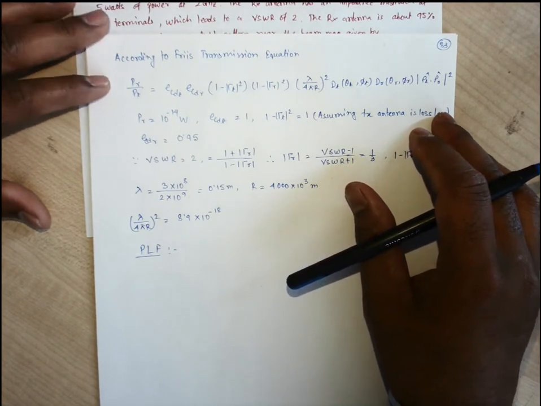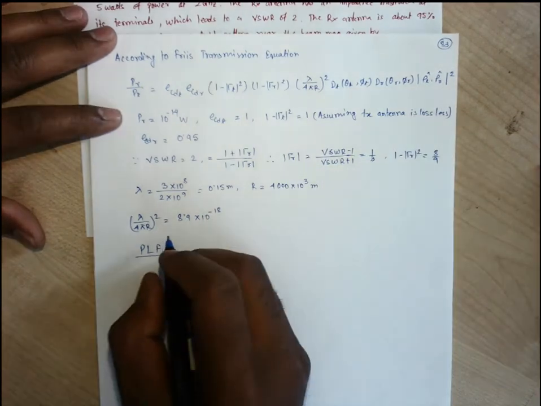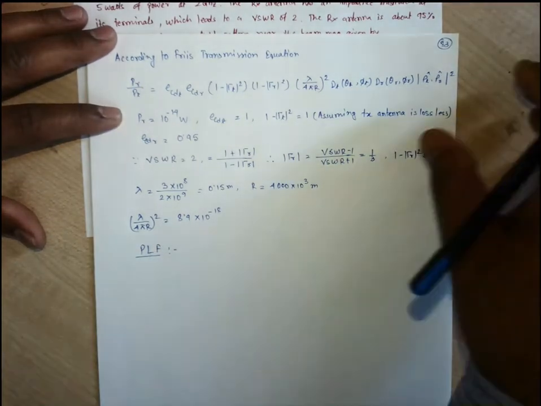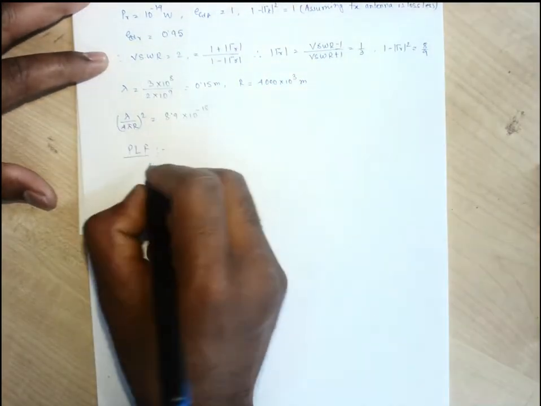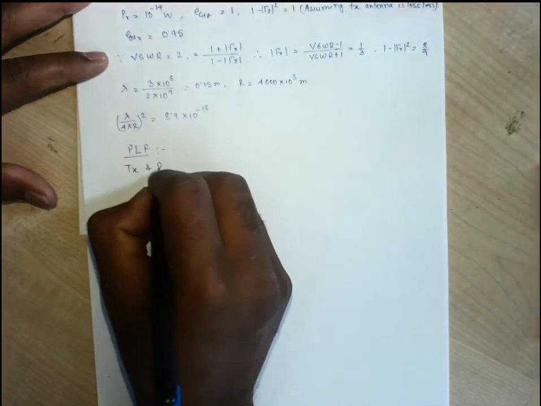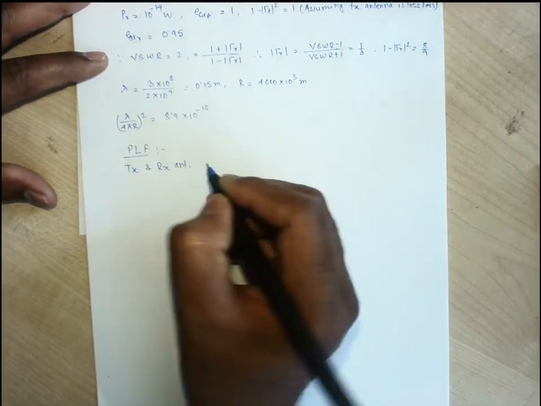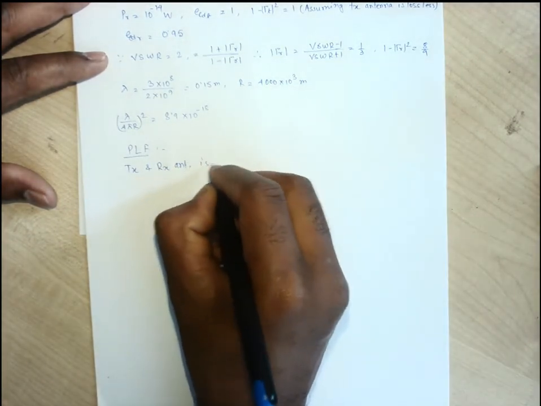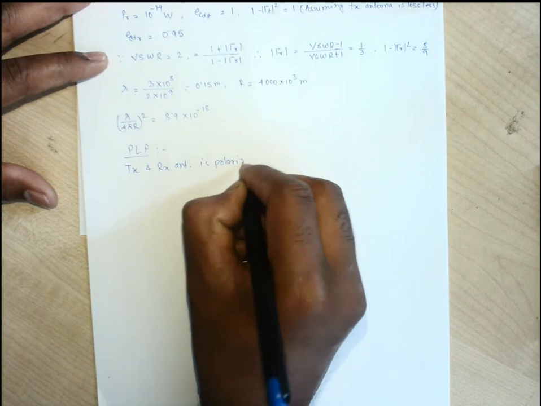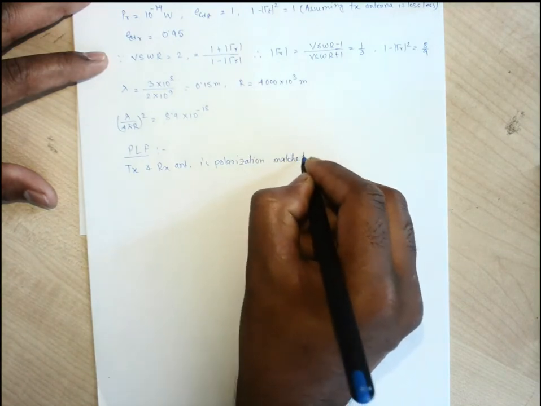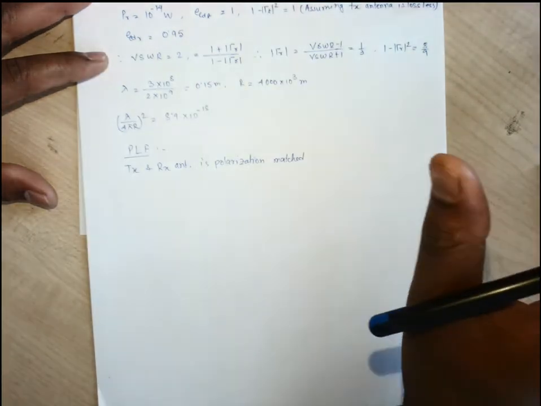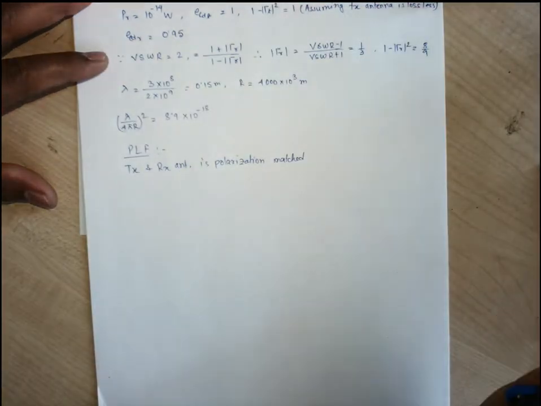So we can say the polarization match to some extent. So for this case, I'm just writing here the transmitting antenna and receiving antenna is polarization matched. Different perspective we need to think before going with to some conclusion for any parameter.